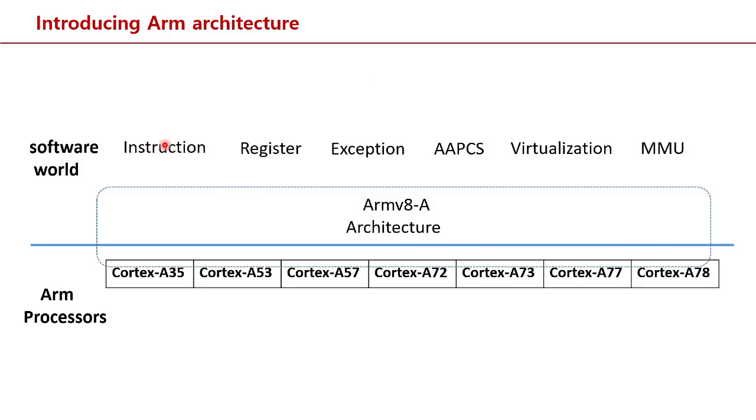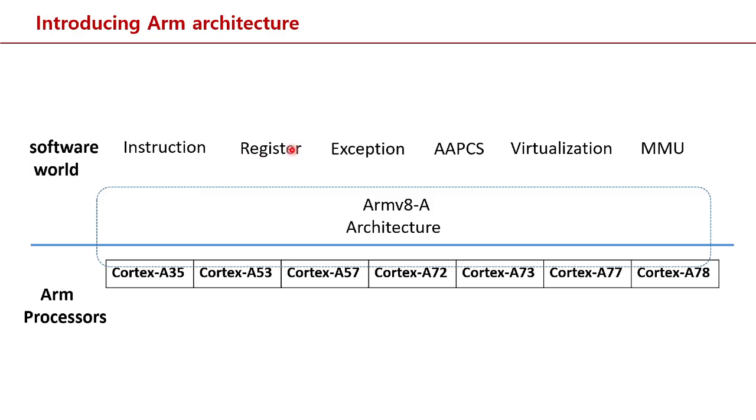Now let's look at the features of the ARM version 8 architecture. The first feature of the ARM version 8 architecture is assembly instruction. We call assembly instructions the instruction set architecture. In the traditional terminology, the architecture of a CPU processor is called the instruction set architecture.